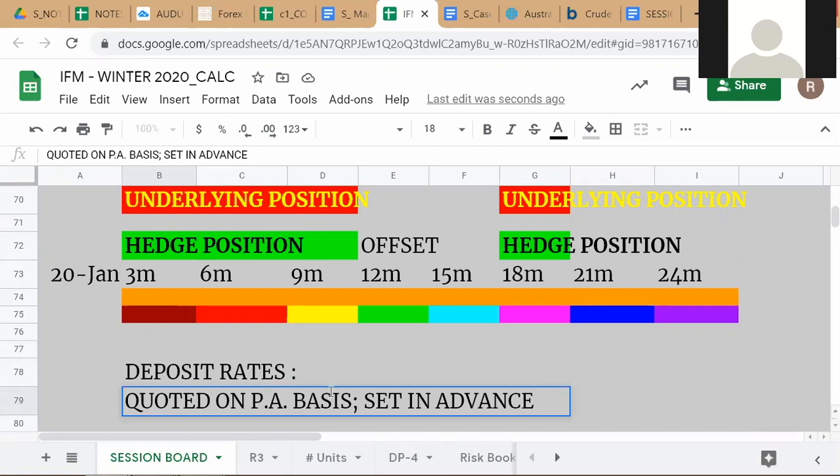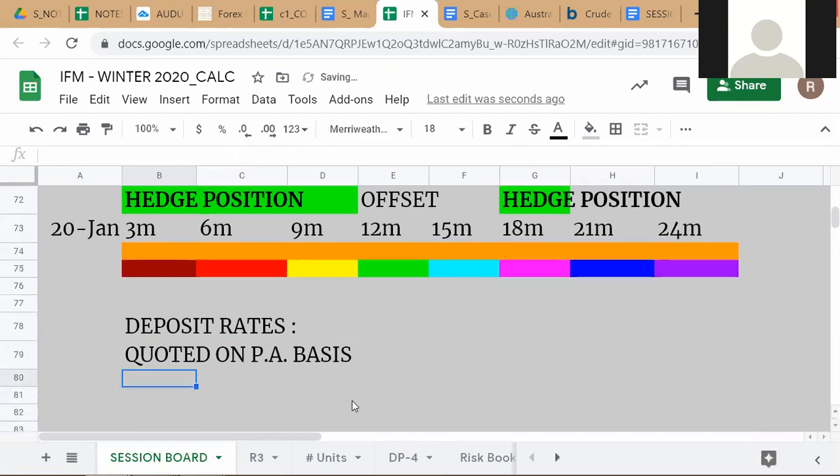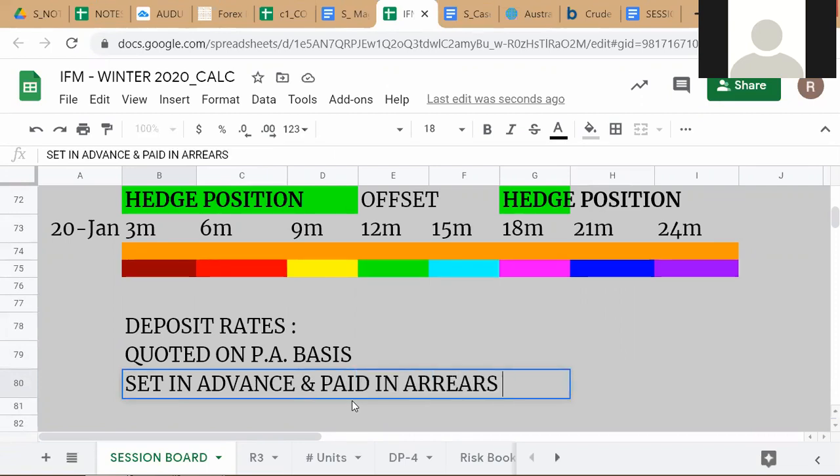That's one characteristic. And the other characteristic is that they are set in advance and paid in arrears. This is the language that we use.